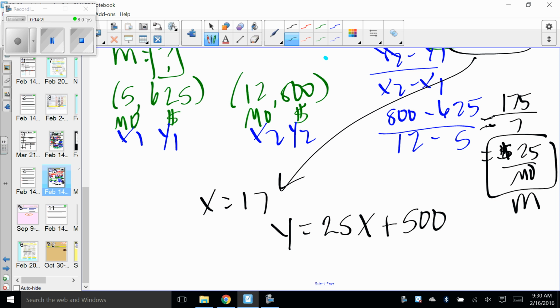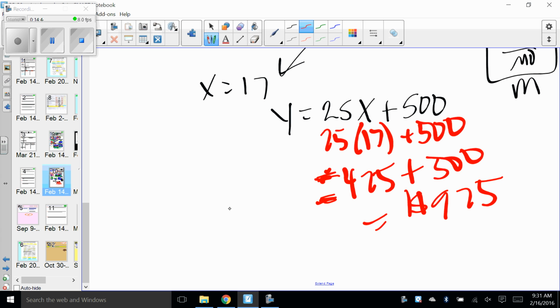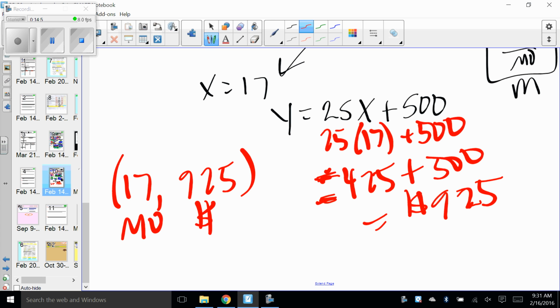So what happens at month 17? $25 a month for 17 months is 425, plus 500 to start is $925. So our coordinate then would be at month 17, we have $925.